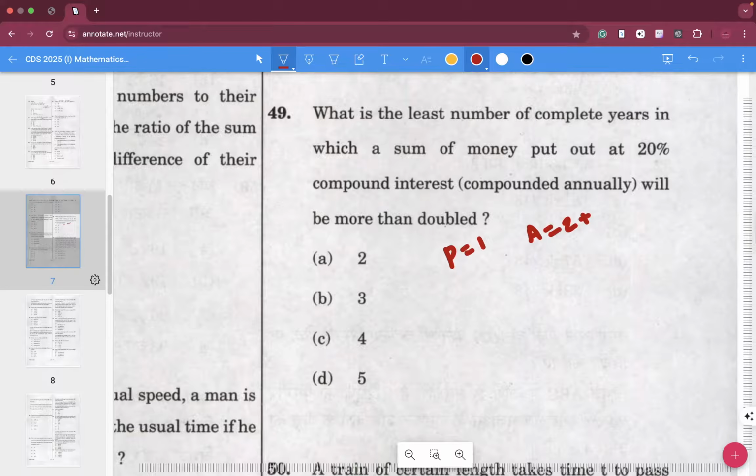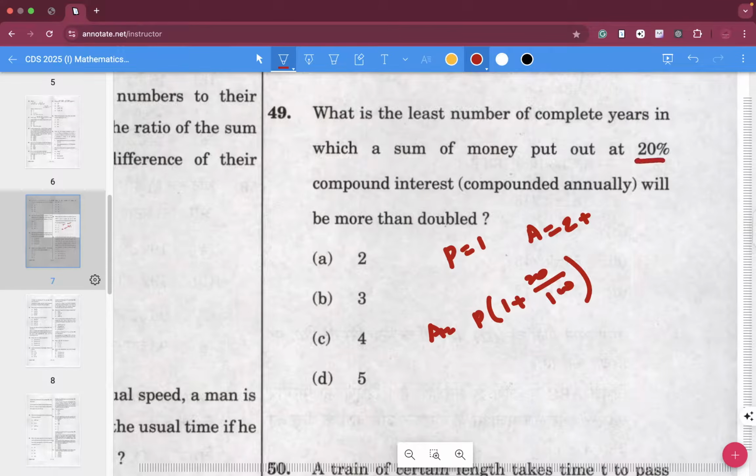Is that what they are asking, right? So you know amount is equal to P into 1 plus R by 100, where R is 20, raised to the power n.